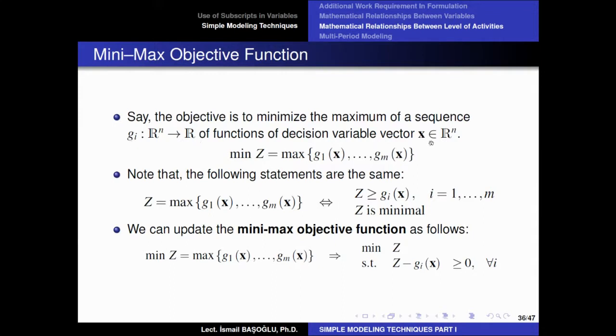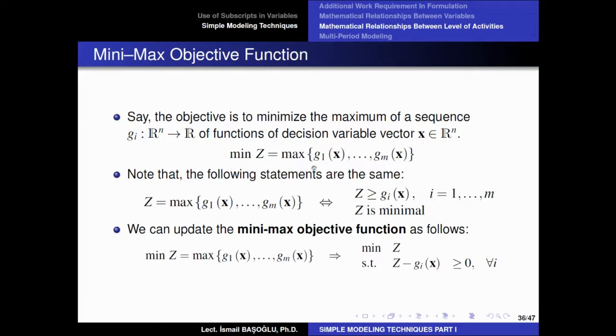Each of these functions is converting our decision variables into a scalar value, into a single value in real numbers. And basically, these functions are converting our decision variables into a level of activity. So depending on our choice of the decision variables, and remember now, each of these functions is using the same decision variables, obviously, but each function is defining a different level of activity.